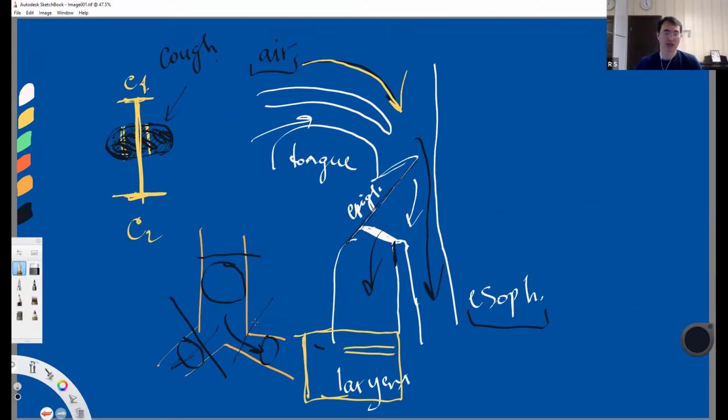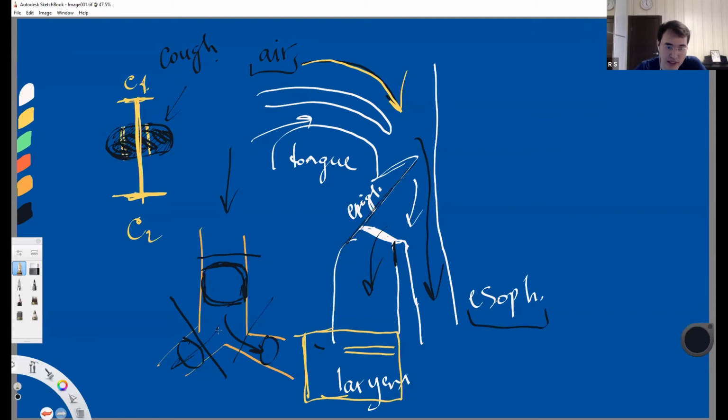How does it happen? Because for coughing, we need a volume of air. So we need to inhale a volume of air and then cough. In this way, the air from the outside pushes the food further inside the tubes, okay?